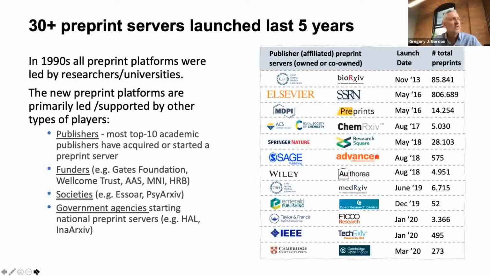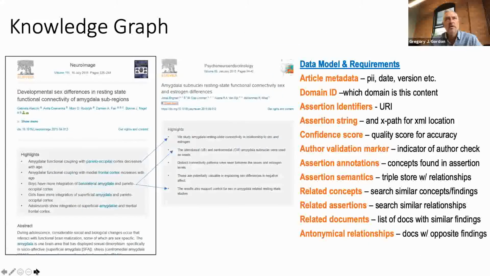Now, what we're starting to see is this growth of these large entities putting content into early stage research. And why are they starting to do it? Well, they're starting to do it because that's where you can quickly get some signals. You can quickly start to understand what's happening. I would argue some of the other presenters have talked about a knowledge graph and the value of a knowledge graph.